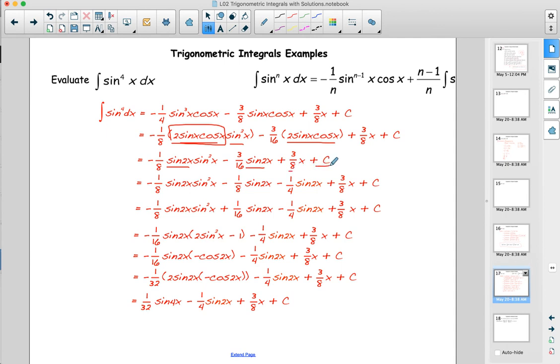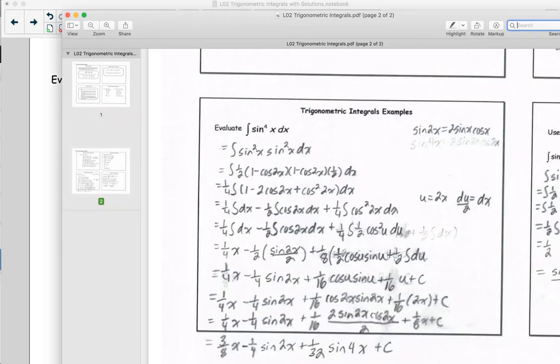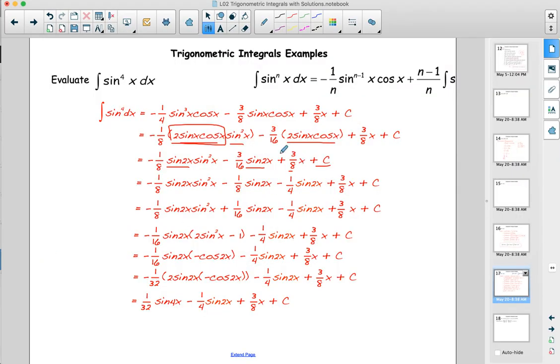And then what happened in our formula, just jump you back to here quickly, we need a minus 1/4 sine 2x. So let me split this up into minus a quarter sine 2x, and then minus 1/8 sine of 2x.